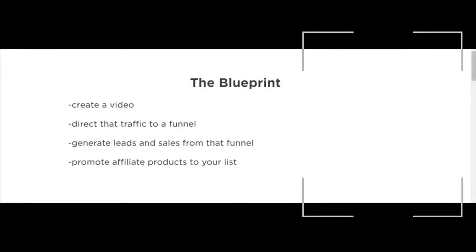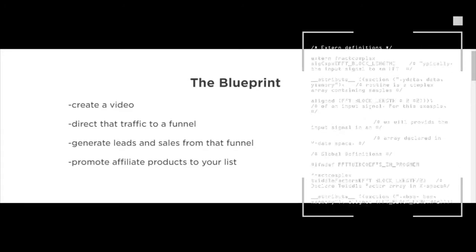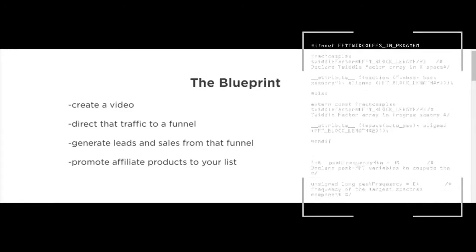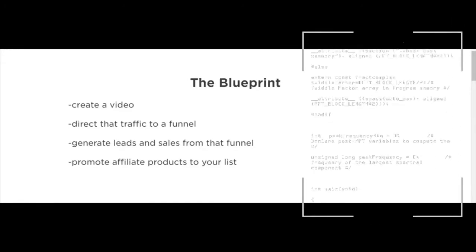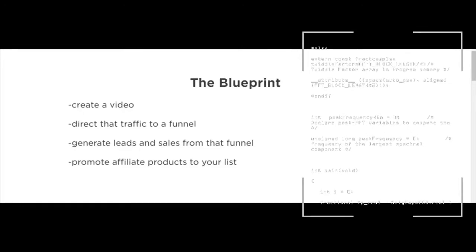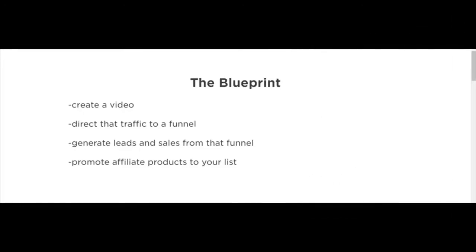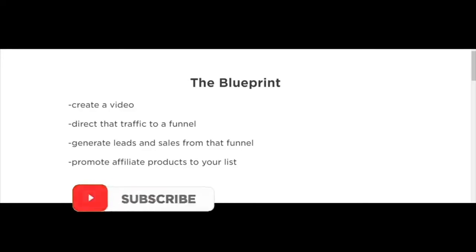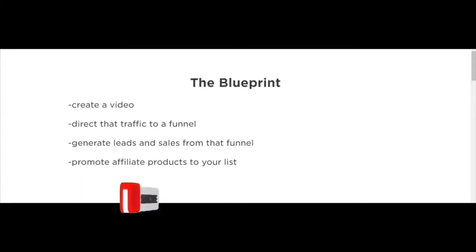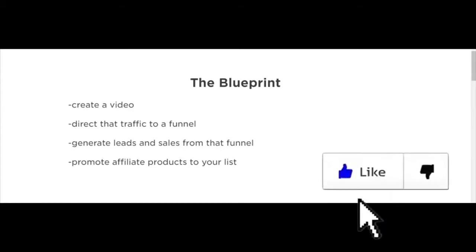So for example, the first page of the funnel could be a page offering a free gift, and in return for the free gift, the lead has to give you their email address. So they fill in their email address and they subscribe into your list, and the next step of that funnel would be where they would be offered an upsell or be presented with an affiliate offer that you're promoting.